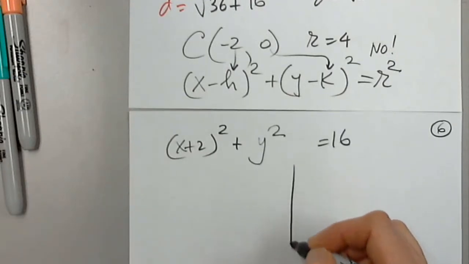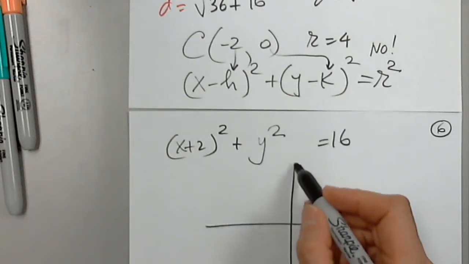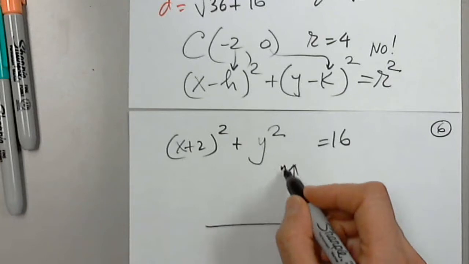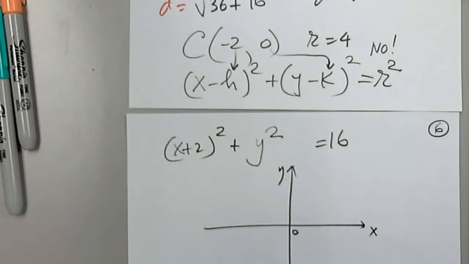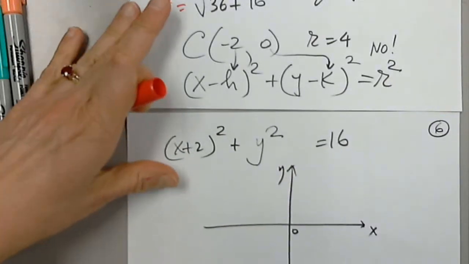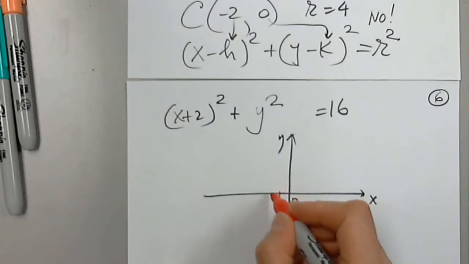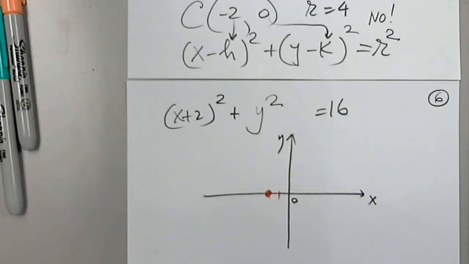What if now we're asked to graph it? What do I have to graph first? The center. Awesome. So -2 comma 0 is this. And what is the radius? I have to create 4 points: 4 to the left, 4 to the right, 4 up, 4 down.